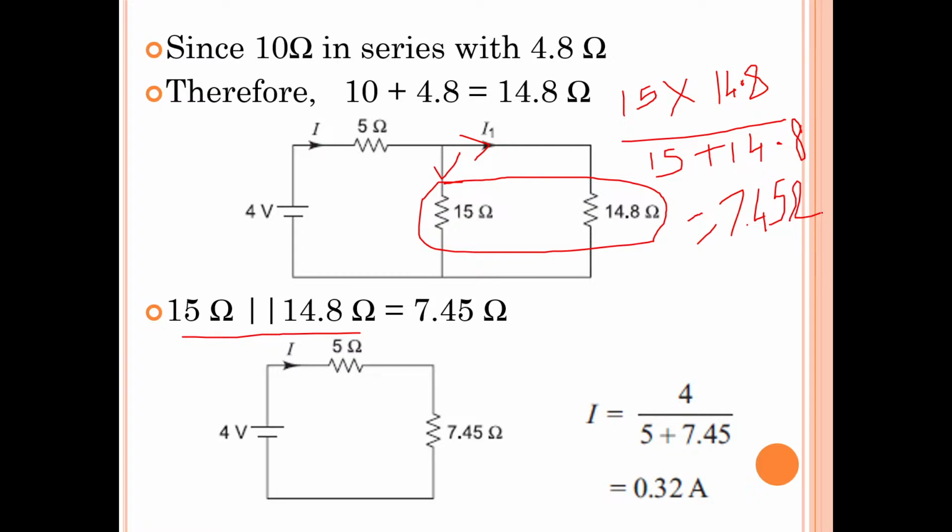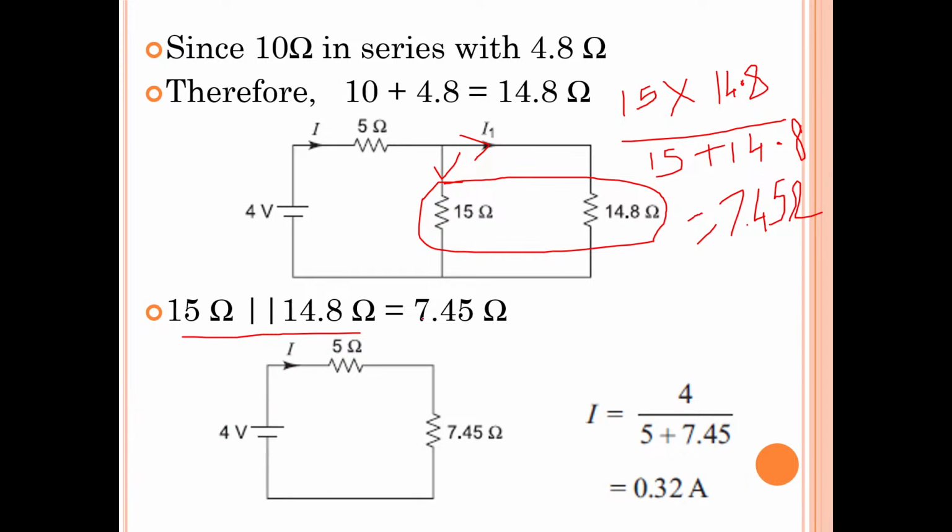So 7.45 ohms you will get. Instead of drawing 15 ohms and 14.8 ohms, you can replace them by a single resistor whose resistance value is 7.45 ohms.